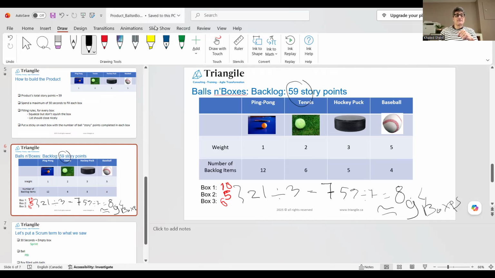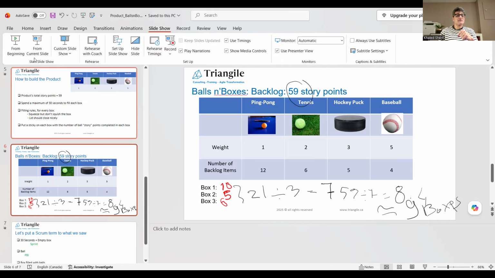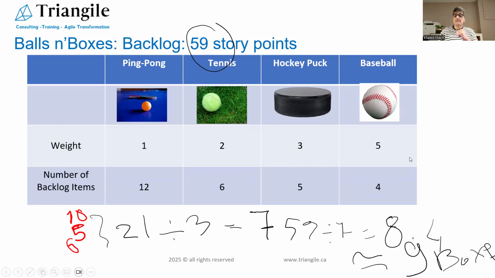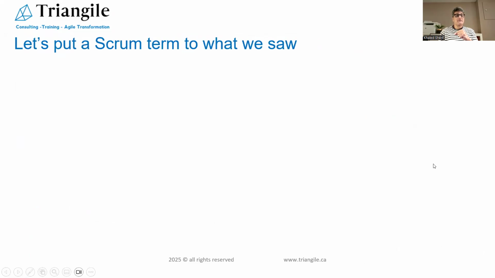So now let's just put a name to what we've discussed throughout this simulation. Okay, so let's put a Scrum term to what we saw. We said we need 30 seconds and an empty box. What does this resemble in terms of Scrum?